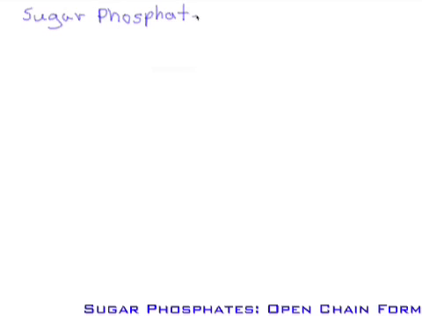Sugar phosphates, or phosphoric acid esters, are formed by the reaction of sugars with the inorganic phosphate of some high-energy compounds, such as ATP or ADP. And since most monosaccharides are metabolized as phosphate esters, these esters are found in all mammalian cells.